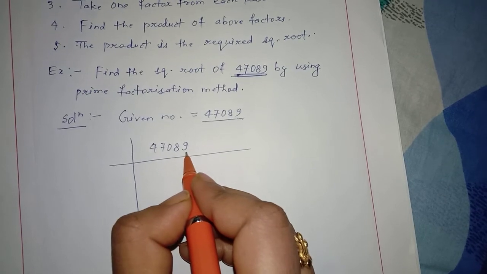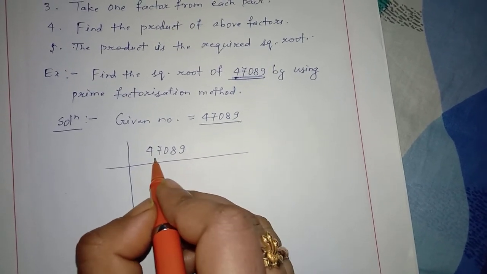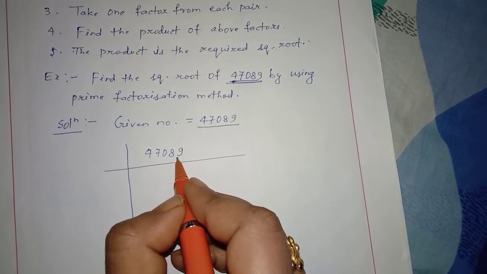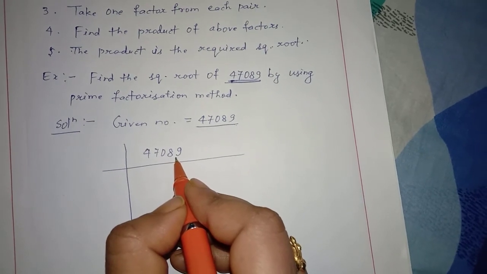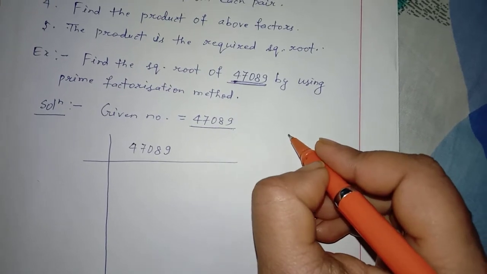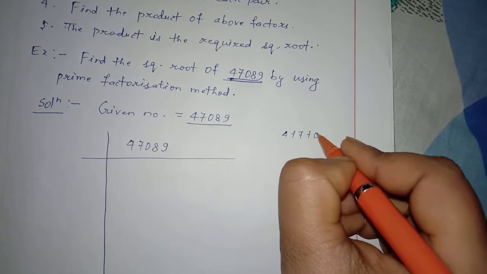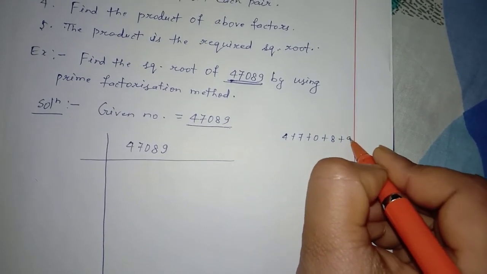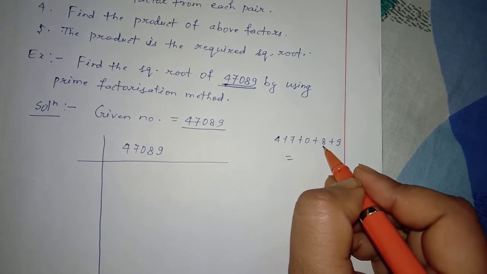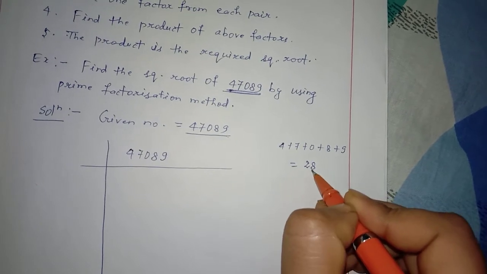Is this number even or odd? Firstly we will decide. So this number is an odd number. Can this number be divisible by 3? And what is the divisibility rule of 3? The divisibility rule of 3 is that if the sum of the digits, 4 plus 7 plus 0 plus 8 plus 9, equals 4 plus 7 is 11, 11 plus 8 is 19, 19 plus 9 is 28.